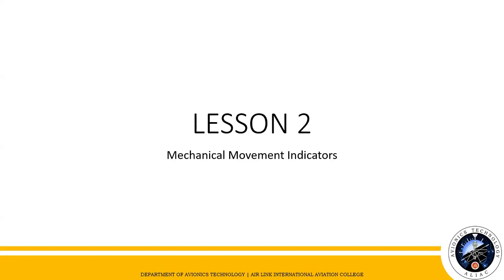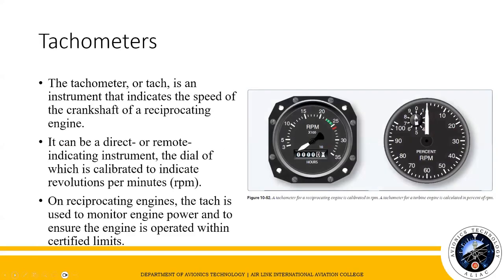So, meron tayong tachometers or tinatawag na TACH. It is an instrument that indicates the speed of the crankshaft of a reciprocating engine. So, it can be a direct or remote sensing indicating instrument.